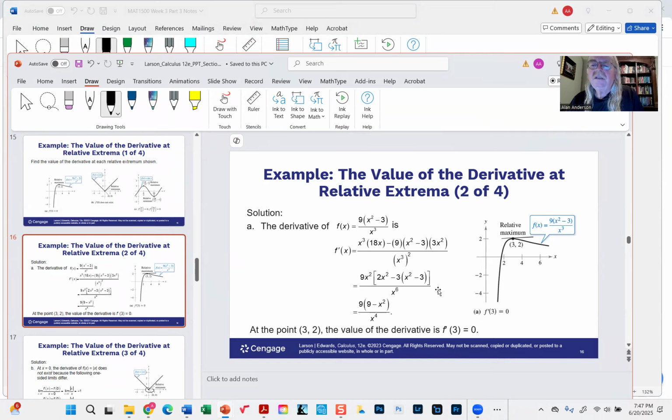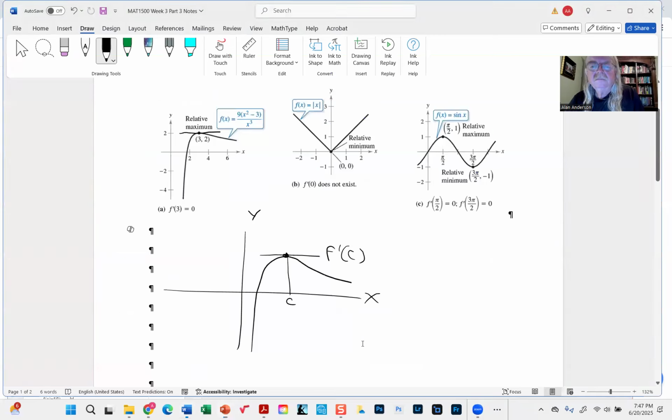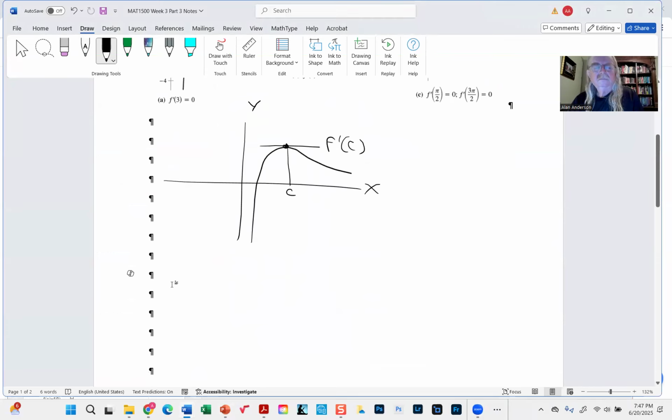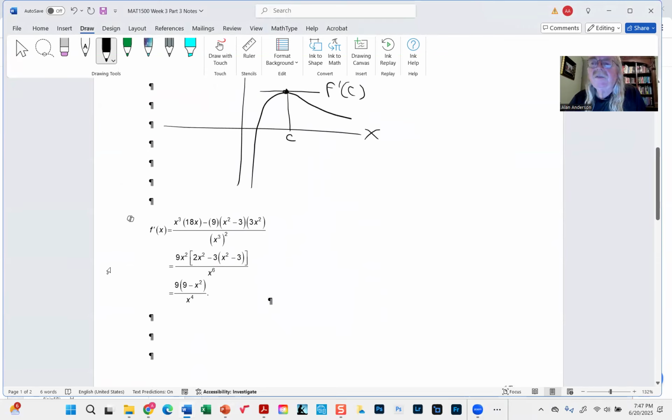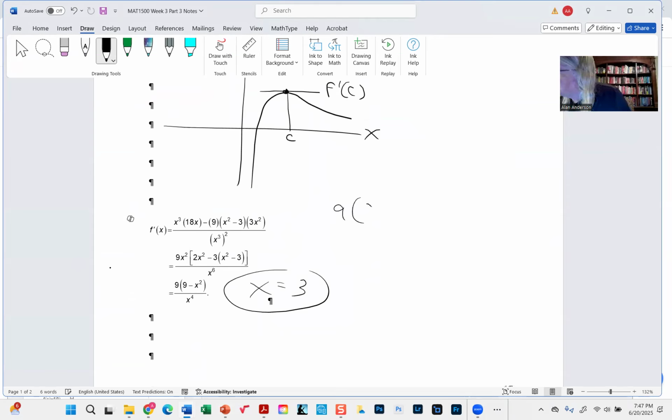And as you can see, if I were to set that equal to 0, let's do that right now, we would discover that it would actually give us 2 solutions, one of which is x equals 3. Okay, so in other words, if I set this equal to 0, you'll go through a little algebra and you'll discover that x equals plus and minus 3.